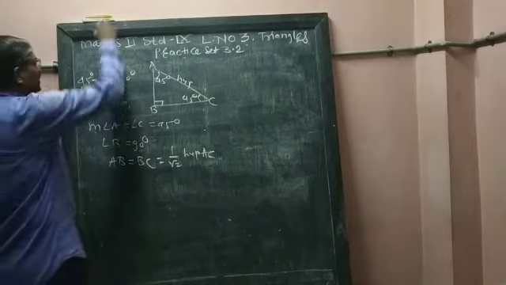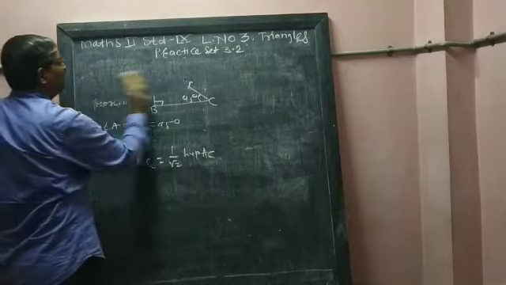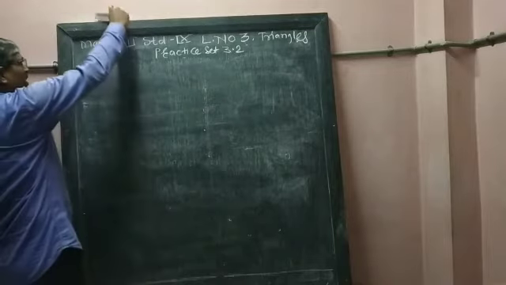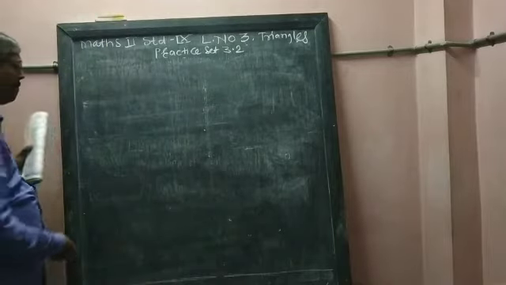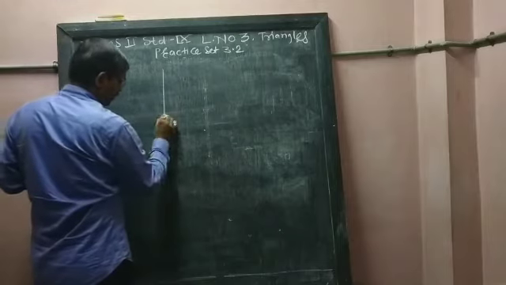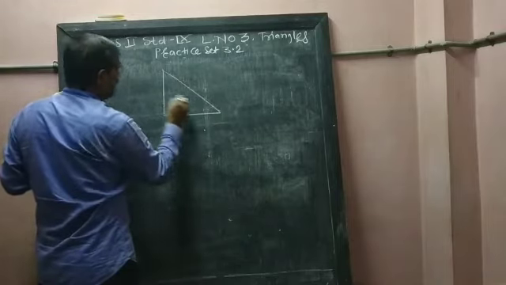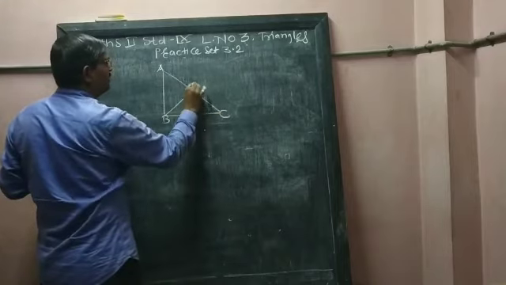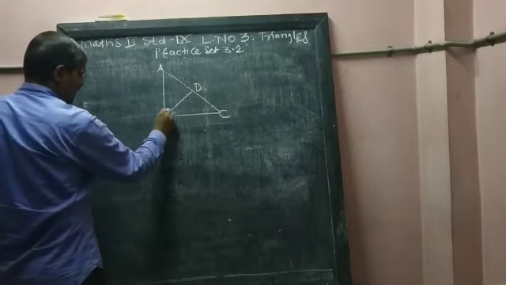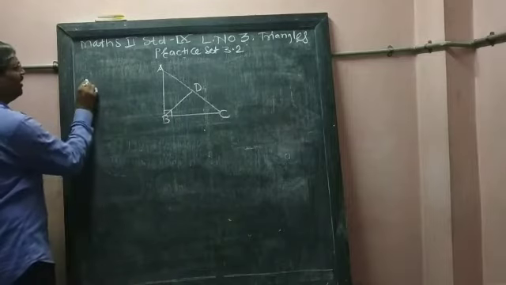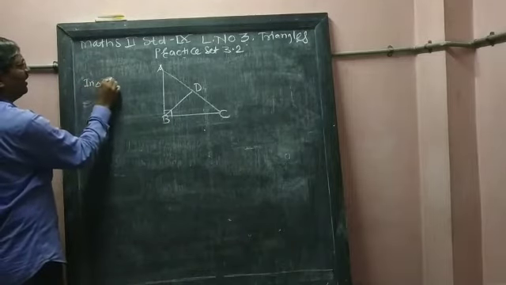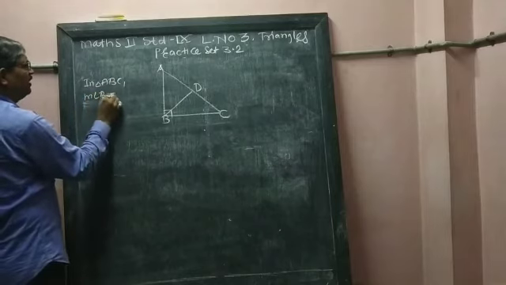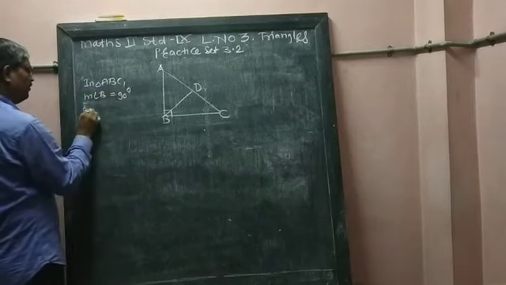If you have understood this, then next information is related to median. Suppose here A, B, C and BD is a median. BD is a median from 90 degree. I will write here in triangle A, B, C, measure of angle B is equal to 90 degree.